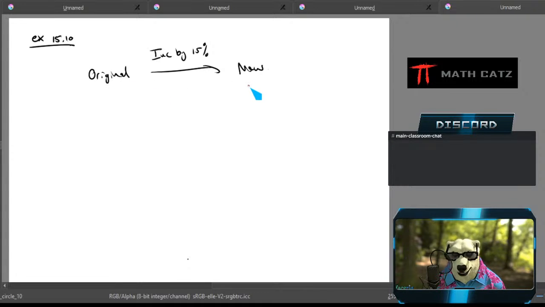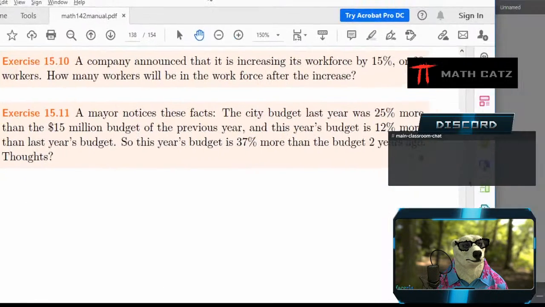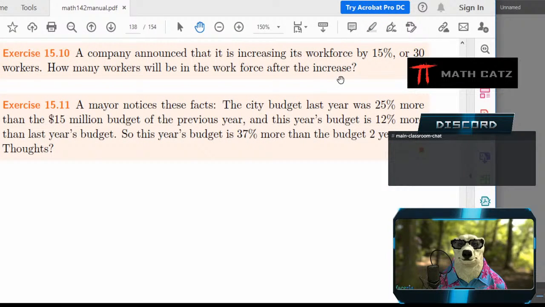I want to know how many will be after the increase. I want to know that. But I also don't know the original. It's not 30. If you read carefully, and many people don't, the 15% is equivalent to 30 workers.